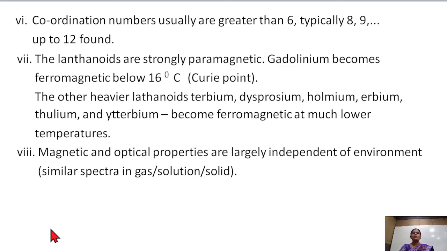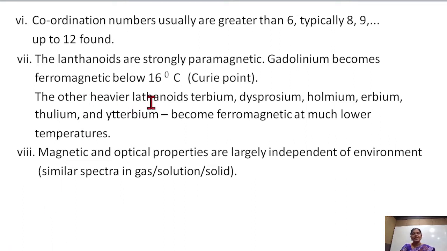Coordination numbers usually are greater than 6, typically 8, 9, up to 12 found. The lanthanoids are strongly paramagnetic. Gadolinium becomes ferromagnetic below 60 degrees Celsius, and this is known as the Curie point of gadolinium.